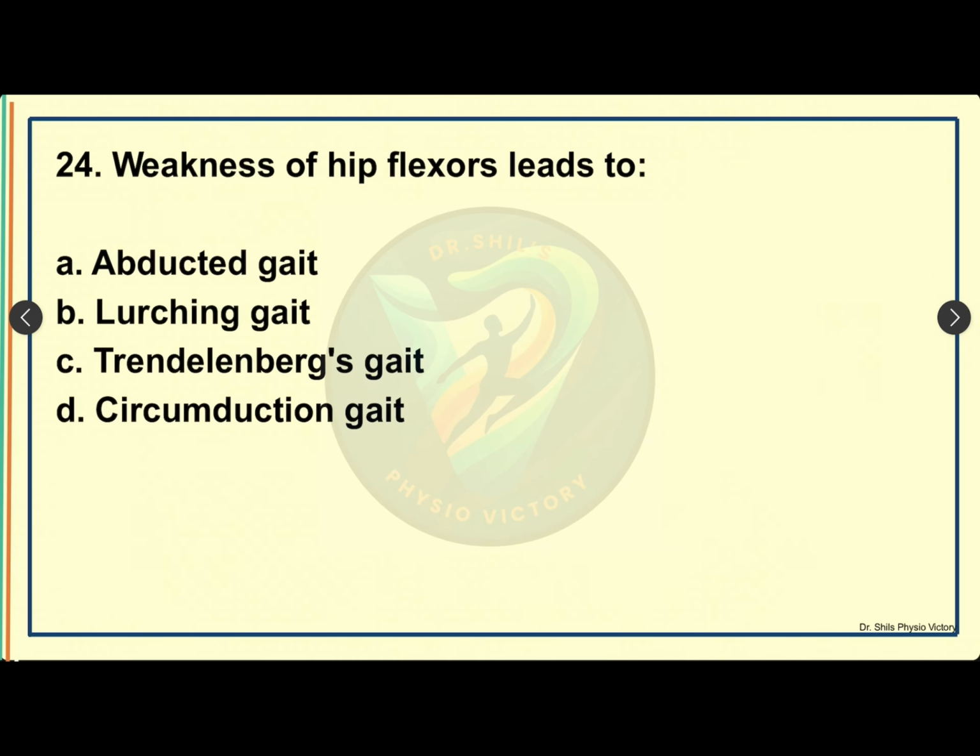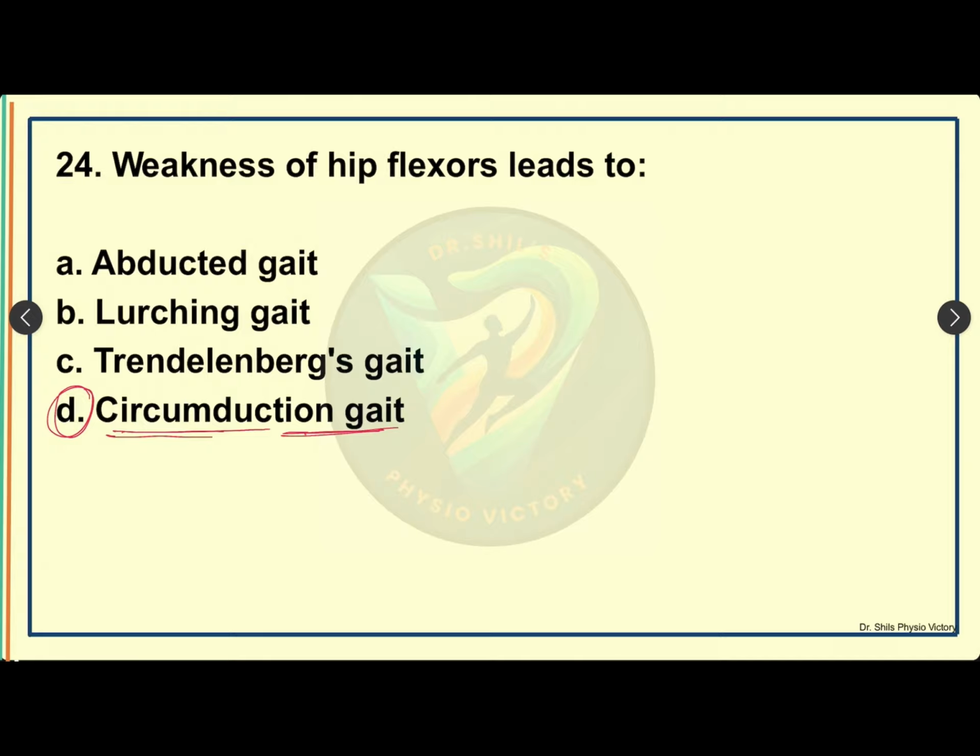Next question. Weakness of hip flexors leads to option A, abducted gait, option B, lurching gait, option C, Trendelenburg gait, and option D, circumduction gait. Here the correct answer is option D, circumduction gait.